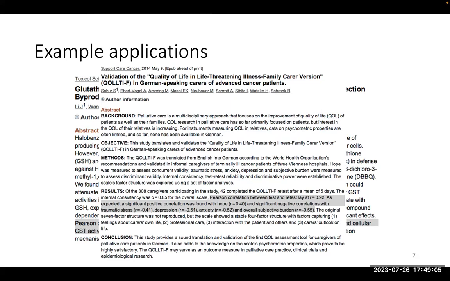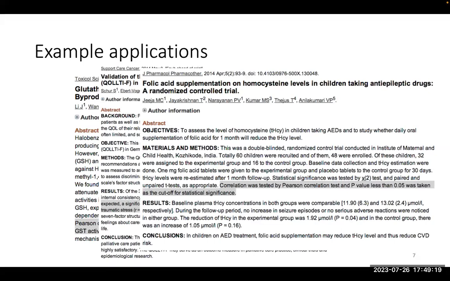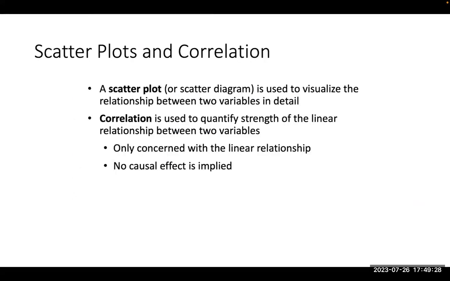It ranges from a value from -1 to +1. And the closer it is to -1 or +1, the stronger the association will be. So here we have also quantified this correlation with a p-value.